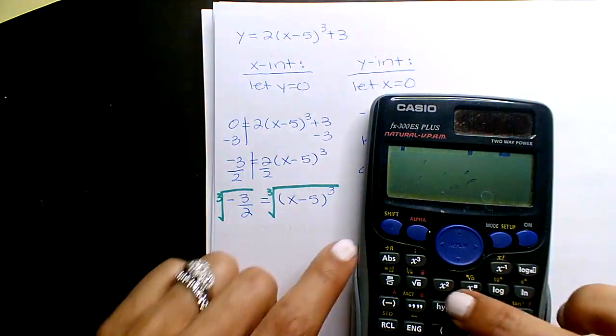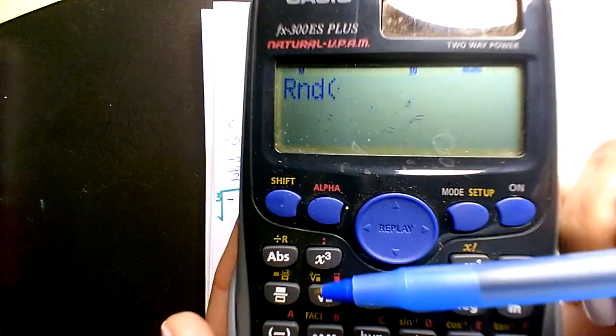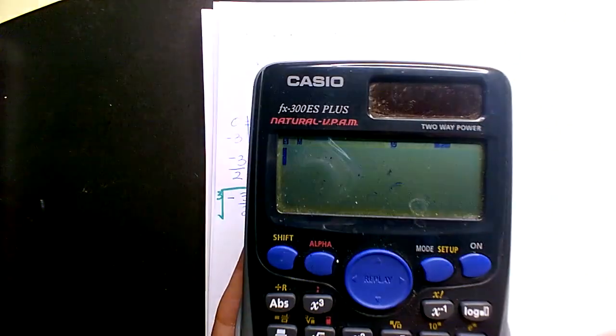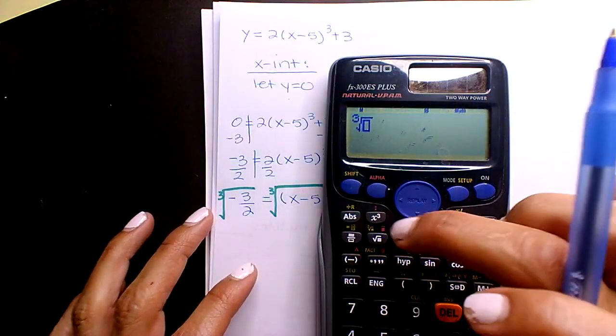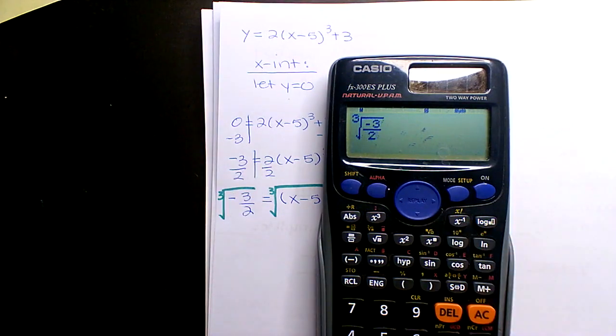So where's cube root? Here, shift, and then it's this. See that little 3 there? Shift here, okay? It's negative 3 halves, right? Okay, if you wanted to leave it as negative 3 halves, that's what you're writing, correct? Okay, but let me do it as a decimal just in case those of you that want a decimal.